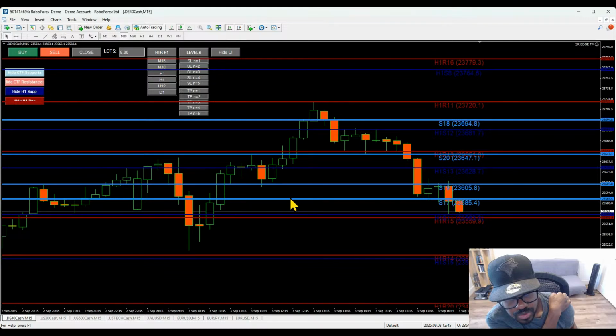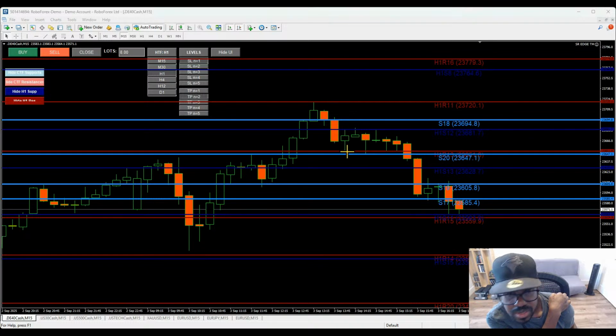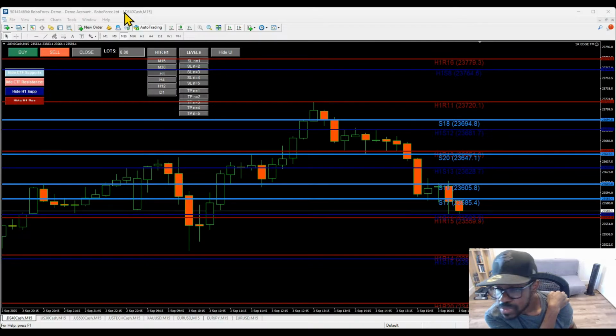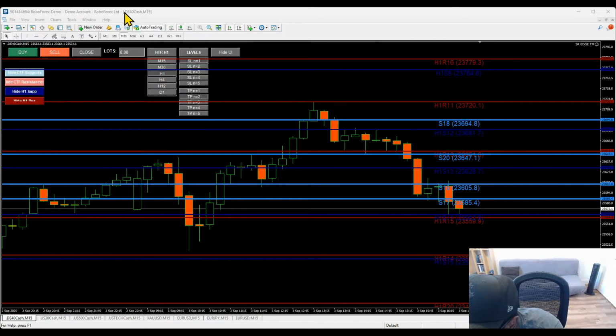That's why you have to look at the resistance and see exactly if you need to get in or get out earlier and not ride it out, right? So that's why I created this support and resistance indicator, so y'all can see the best time to get out of that trade.